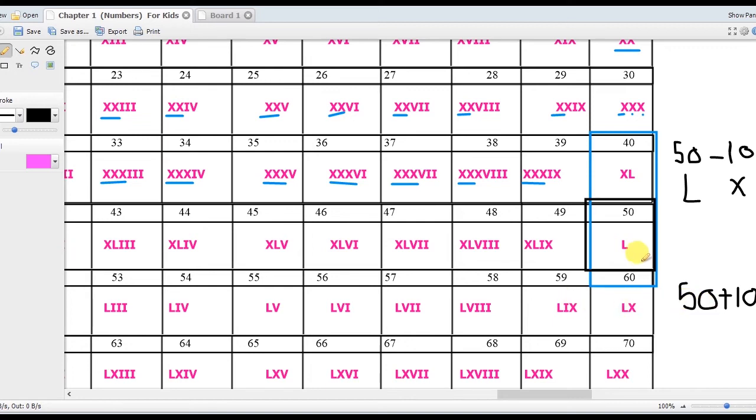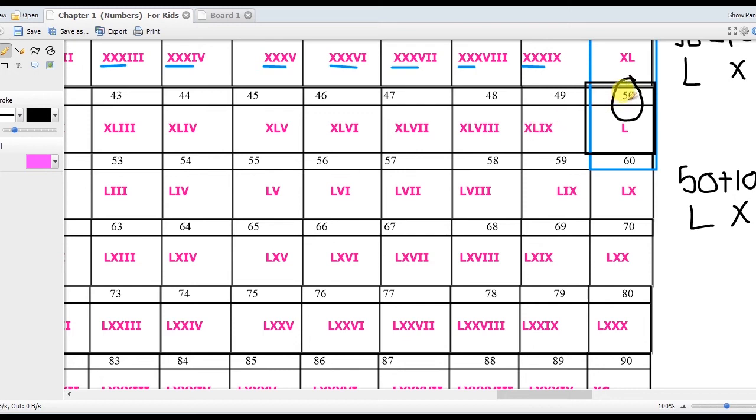So the Roman symbol for 50 is L, and for 10 is X. Now the question is, where should we write X, either before L or after L? 60 comes after 50, so that's why we are going to write X after L, right? So this 50 is our center of attention. We have to move other numbers either before or after this 50. Why? Because 50 is one of the basic 7 symbols. Got it?